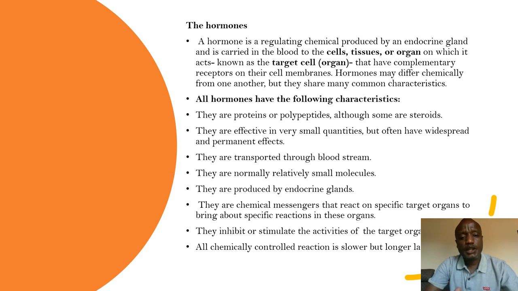Hormones are relatively small molecules. They are produced by endocrine glands. Hormones are chemical messengers that act on specific target organs to bring about specific reactions in these organs. Some also inhibit or stimulate activities of target organs. A chemically controlled reaction is slow but longer lasting. So these are the characteristics of hormones in general.